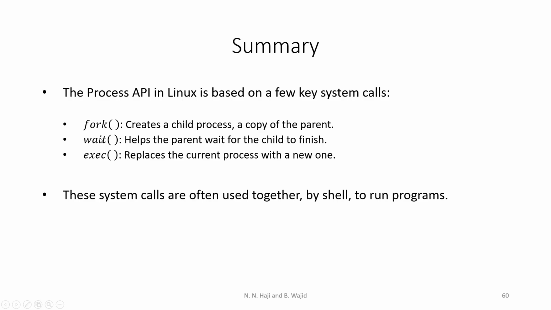Then we looked at wait, which is needed because sometimes the parent needs to wait for the child to finish, depending on what the child does. And the last system call is exec, which completely replaces the current process with a new one, and you can tell it specifically which program is required. Here it was word count. You can try multiple tools, like ls, which lists all the files in the directory, and you can basically do whatever you want.